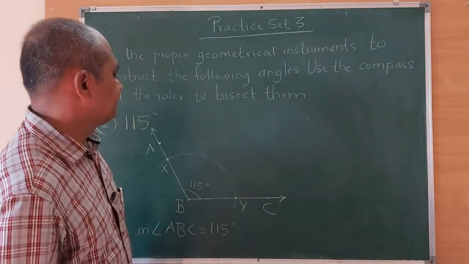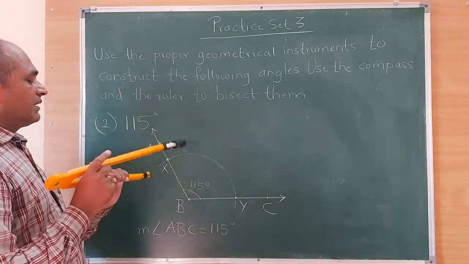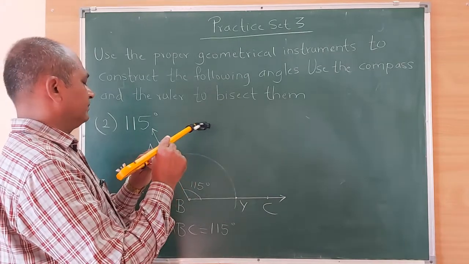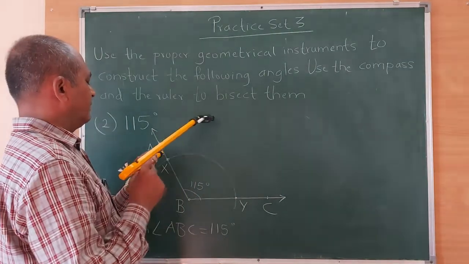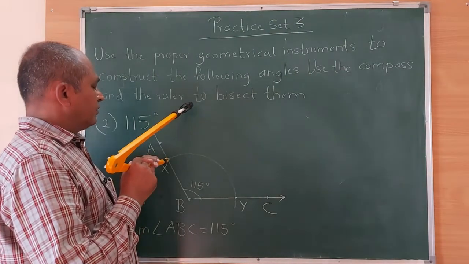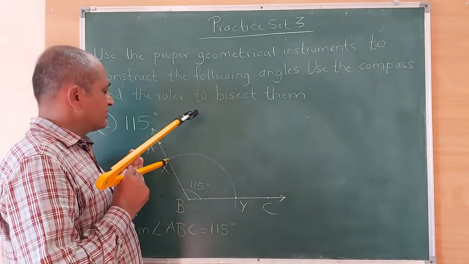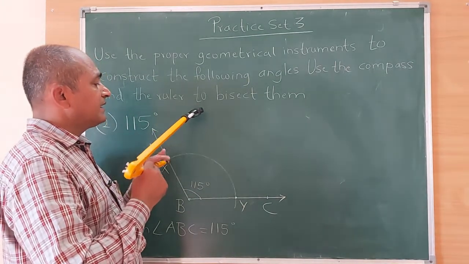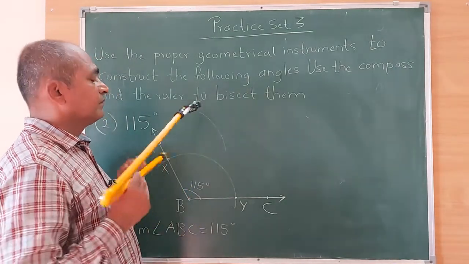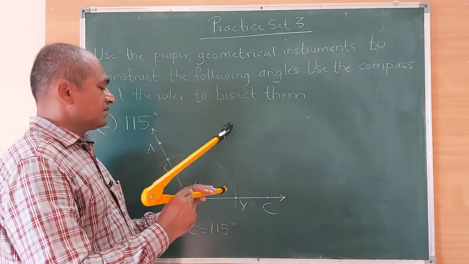Now again taking a convenient distance, put the point of the compass on the first intersection point, that is point X, and inside the angle draw an arc. Now keeping the distance same, don't change the distance.